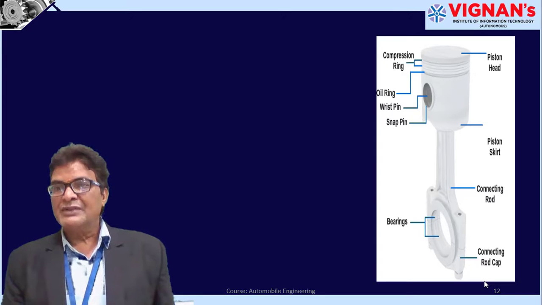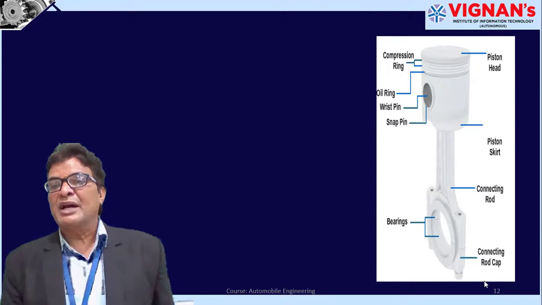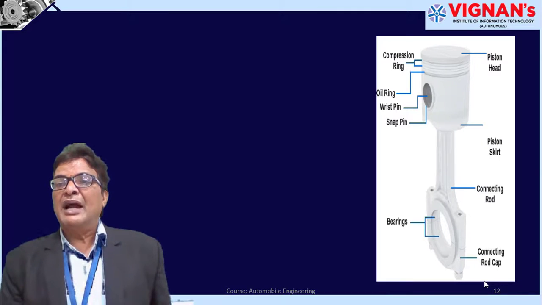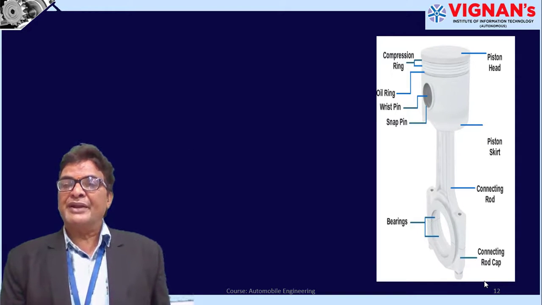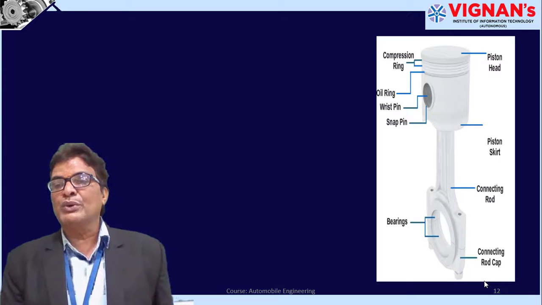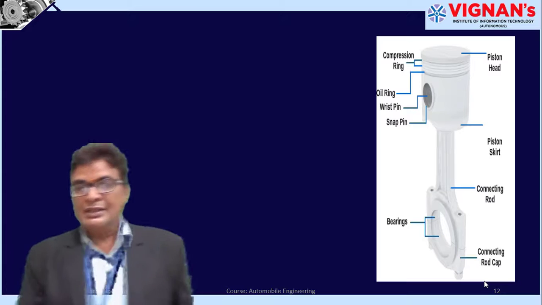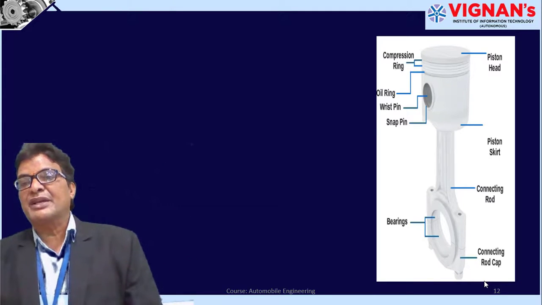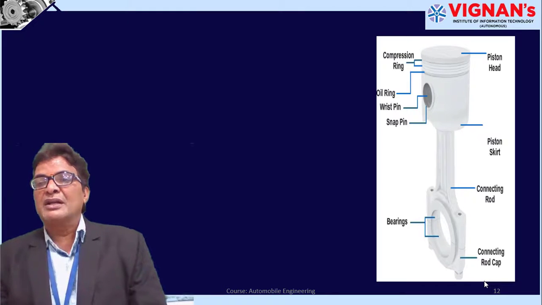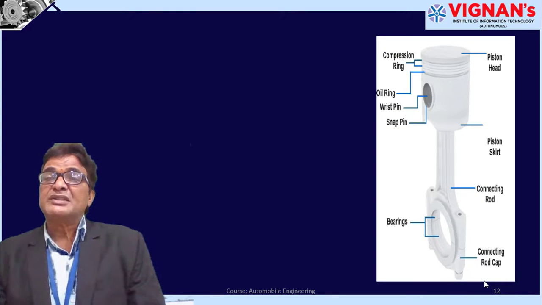If you see here, the piston is connected to the bearings of the crankshaft through the connecting rod, right? Here the connecting rod has two halves. One is the small end and the other is called the big end. The big end is made of two halves to facilitate the large sized bearings which are mounted on the crankshaft.